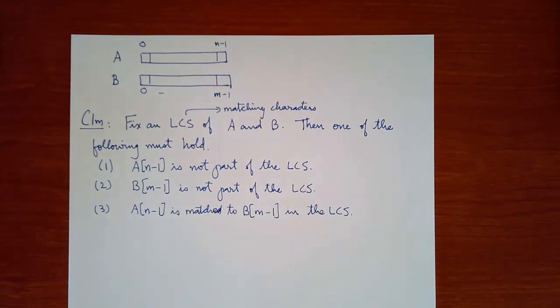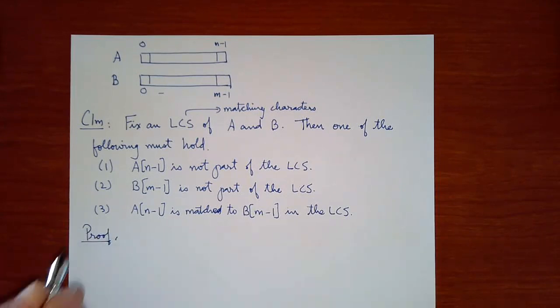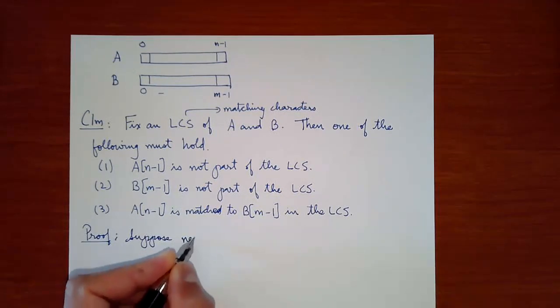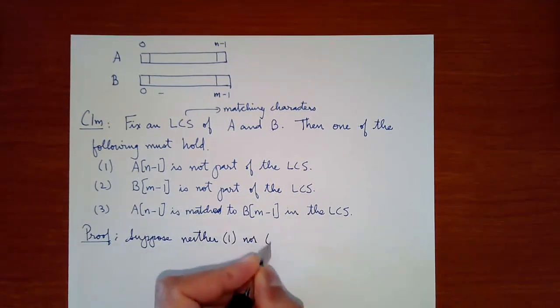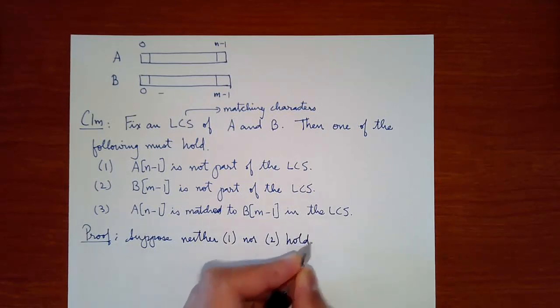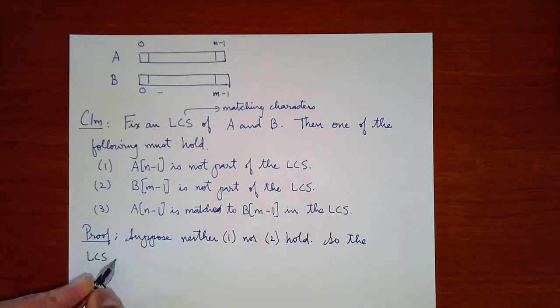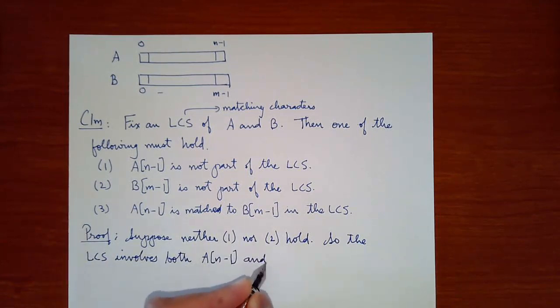So let me just prove this. The proof actually just writes itself out. So suppose neither 1 nor 2 hold. So the LCS involves both A of n minus 1 and B of m minus 1.